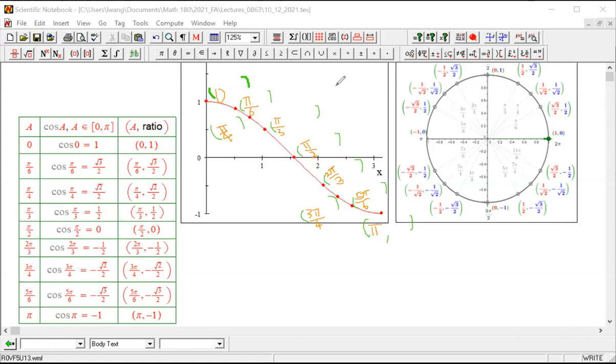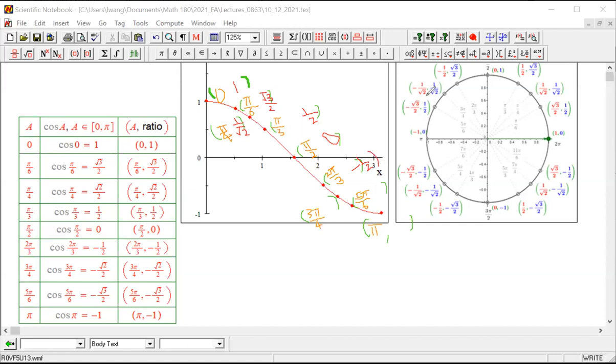And the red number 1 goes here. Red number √3/2 goes here. Red number 1/√2 goes there. Red number 1/2 goes there. Red number 0 goes there. Red number -1/2. Do you follow me?